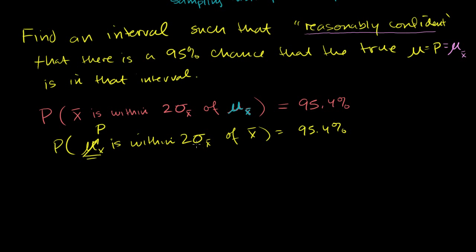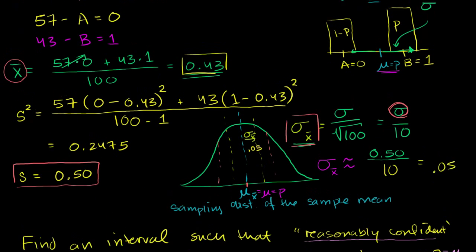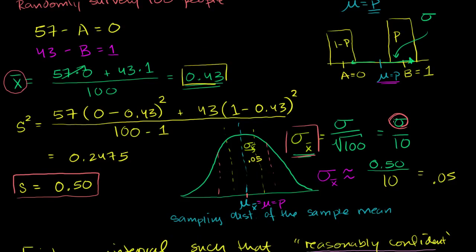Now, we don't know what this number is, but we have estimated it. Our best estimate is the true standard deviation of the population divided by 10. We can estimate the true standard deviation of the population with our sample standard deviation, which was 0.5. 0.5 divided by 10 gives 0.05 as our best estimate of the standard deviation of the sampling distribution of the sample mean.